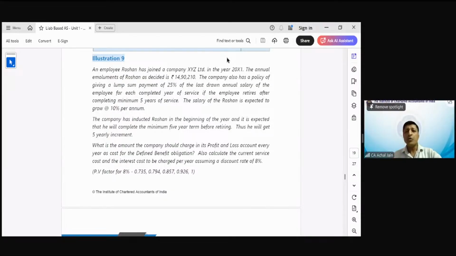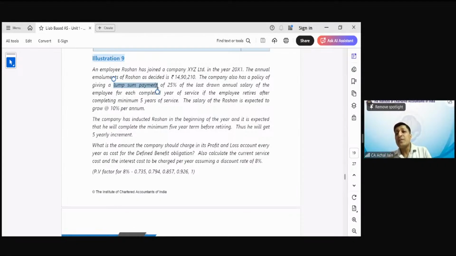So there's one portion of this fixed amount that the employee will get. Further, in addition to this, he will also be getting a lump sum payment.